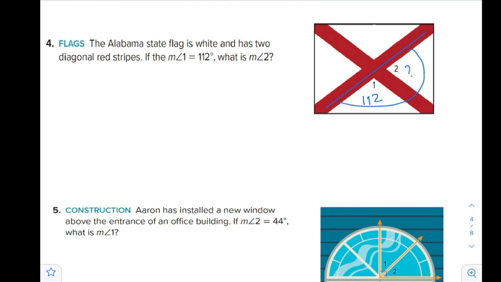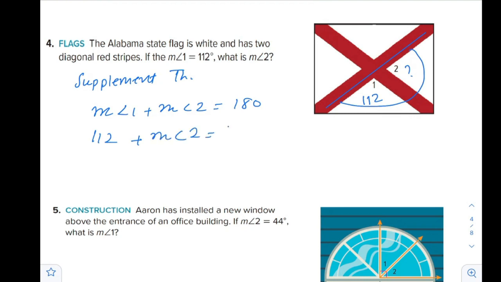So using the supplement theorem, we can say that the measure of angle 1 plus the measure of angle 2 is 180. We substitute the measure of angle 1. The measure of angle 2 is unknown. So the measure of angle 2 is 180 minus 112, which is 68.